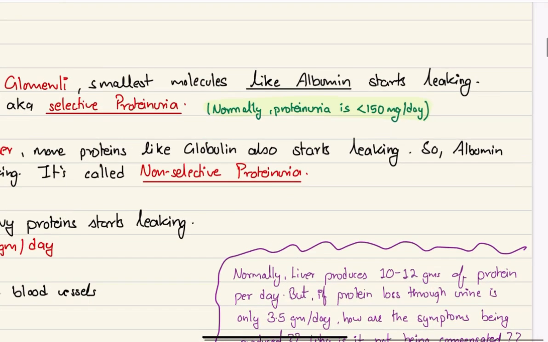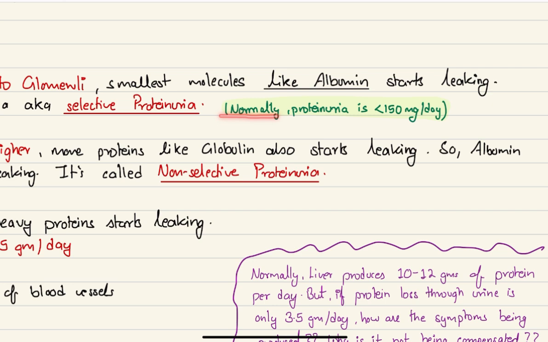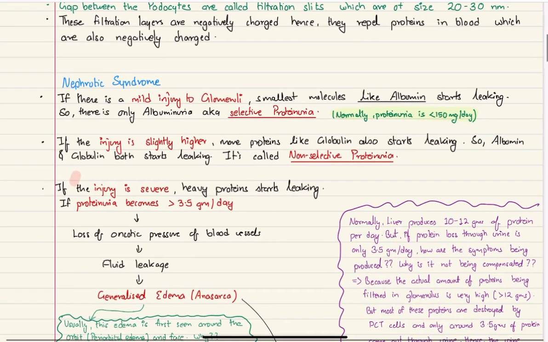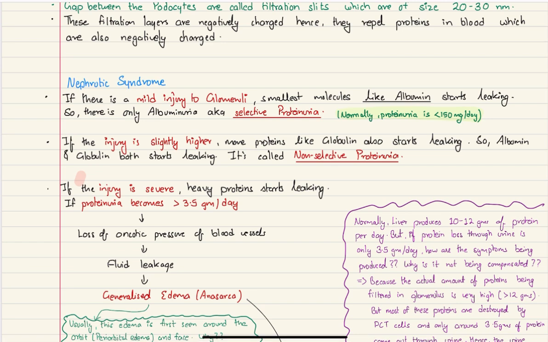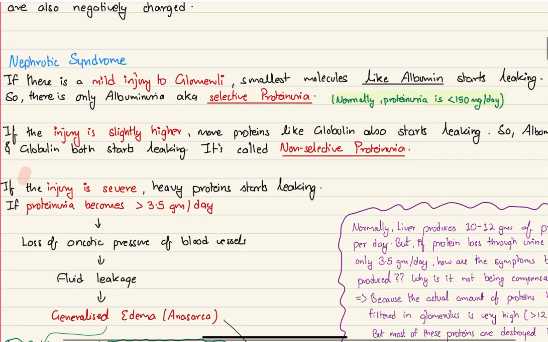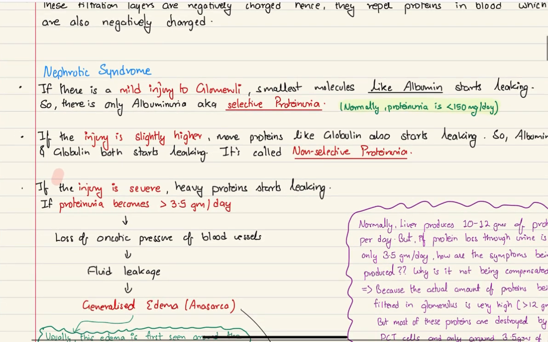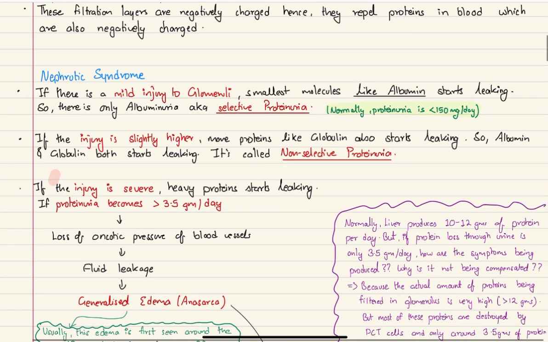Now we should also know that normally a very small amount of protein is filtered through the nephrons. So the normal proteinuria is less than 150 milligrams per day. Now, if the injury is slightly higher, then more proteins like globulins, which are bigger proteins than albumin, also start leaking out from the blood vessels.